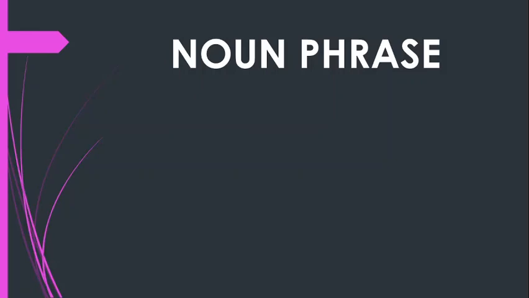We will use some modifiers, pre-modifiers and post-modifiers. These are the 2 terms which we need to understand. Modifiers, as their name suggests, modify a particular noun. Pre-modifiers are the modifying words which come before the actual noun.